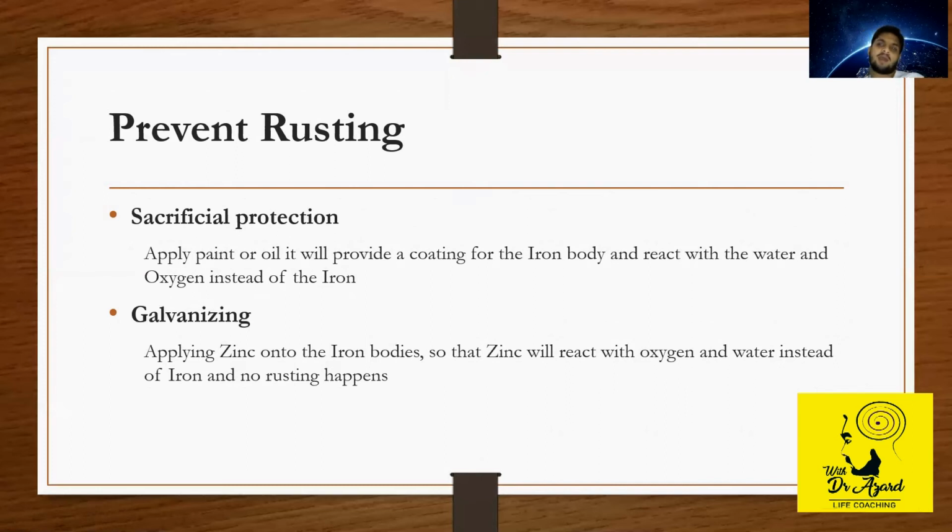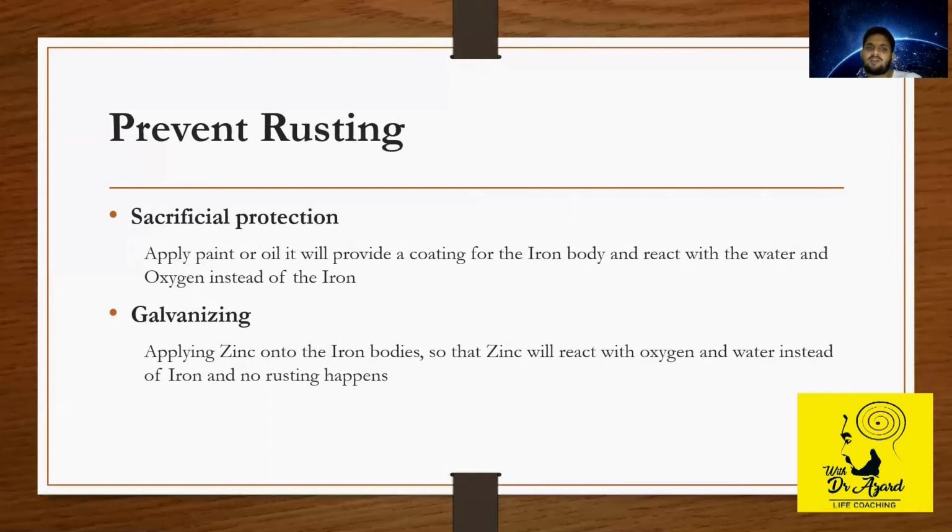And there is another special technique called galvanizing. Galvanizing is basically rubbing an element that is higher in reactivity than iron onto the iron. Because that element is more reactive, it has more tendency than iron to react with the water, so in that way it will prevent the iron from rusting.